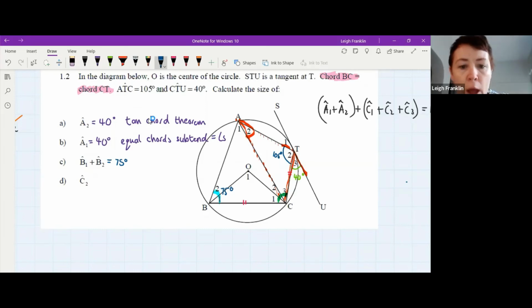Because angle B1 and B2 is opposite angle T2, it means that B1 plus B2 is going to be 75 because the two of them together add up to 180. So here our reason would be opposite angles of cyclic quad.